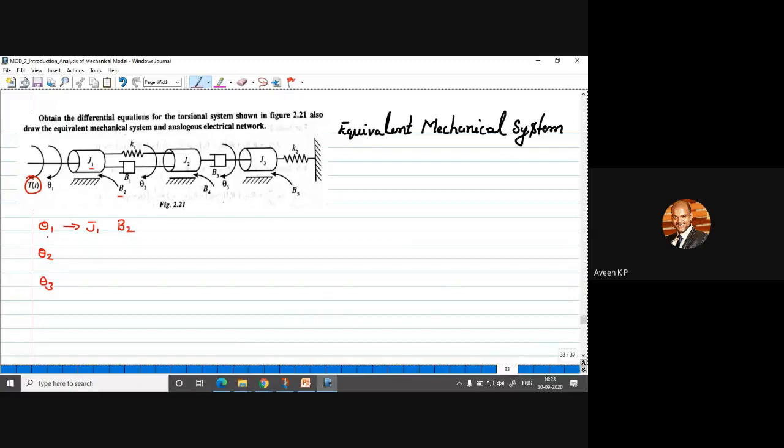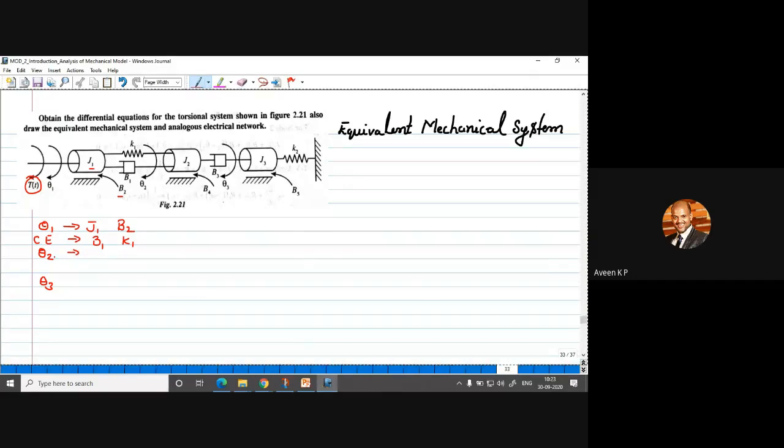The common elements I will write in between: B1, K1, common between theta 1 and theta 2.